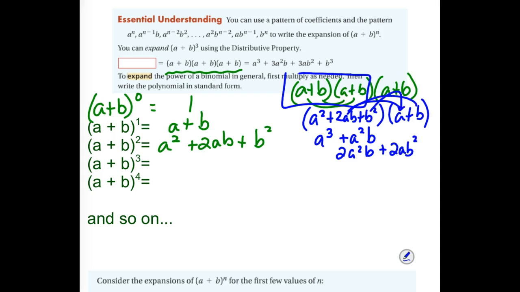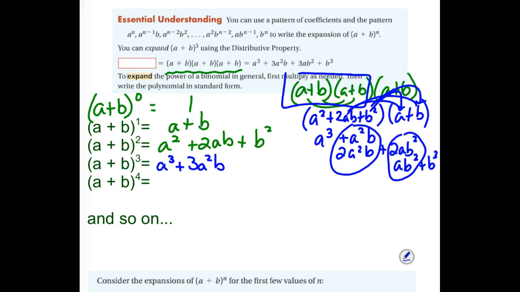B squared times a and b squared times b. And if I put like terms together, I'm going to get 3 of these pieces and I'm going to have 3 of those pieces, correct? So it simplifies down to a to the third plus 3a squared b plus 3ab squared plus b cubed.